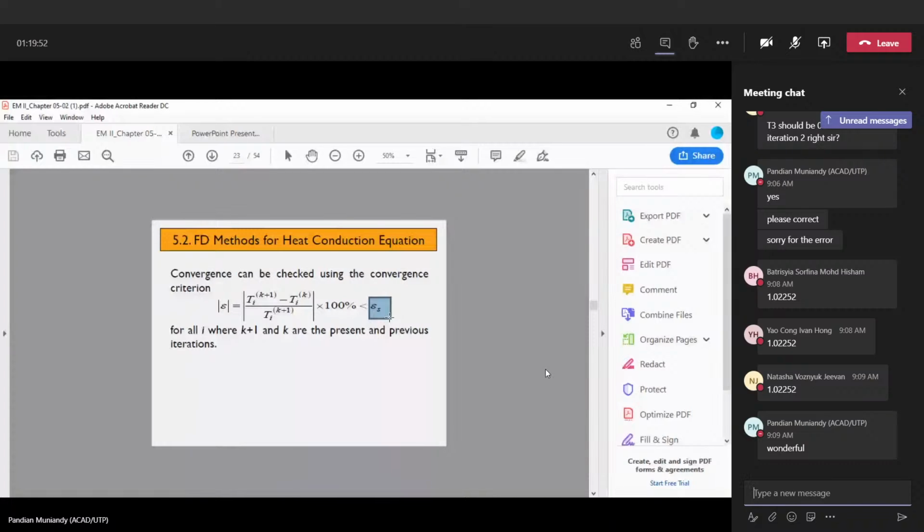But the K is not L, yeah? K is the iteration. So the second iteration for temperature 1 is 2.04503 minus the first iteration 2.04481, divided by 2.04503 multiplied by 100%. So what is your answer? This is the error.